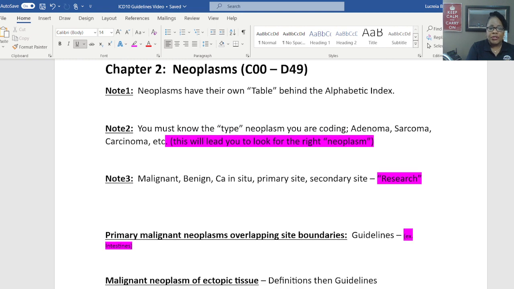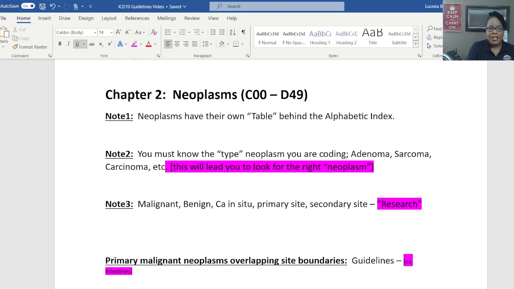All right, note 2, you must know the type of neoplasm that you are coding. When they say adenoma or sarcoma or carcinoma, if you don't already know that a sarcoma is a malignant neoplasm, you won't know what to look for on the neoplasm table.